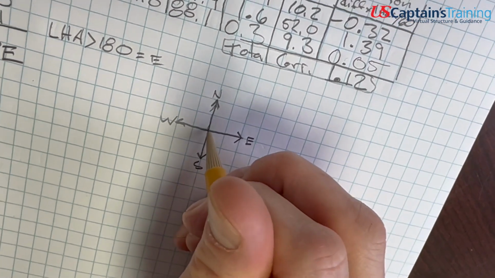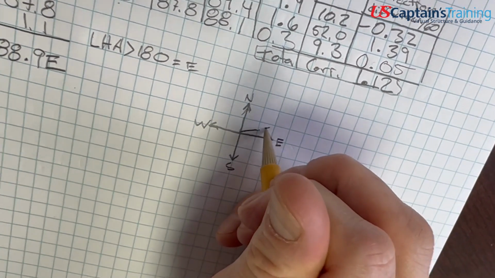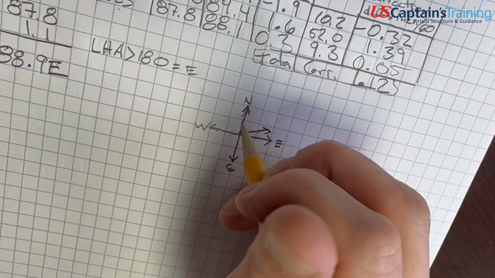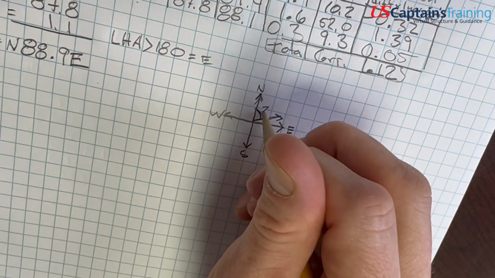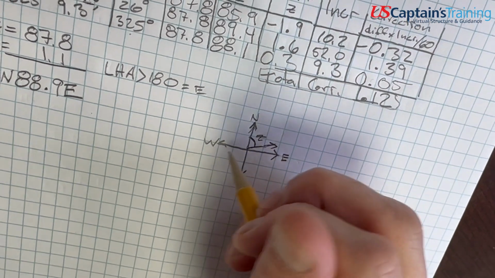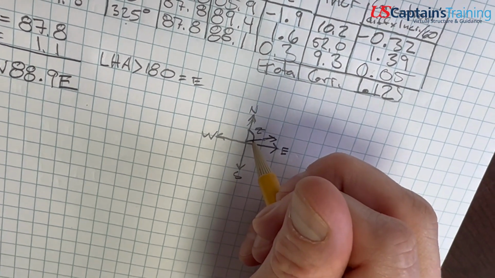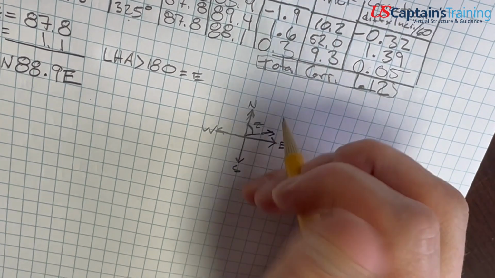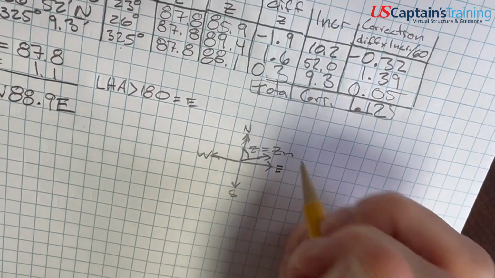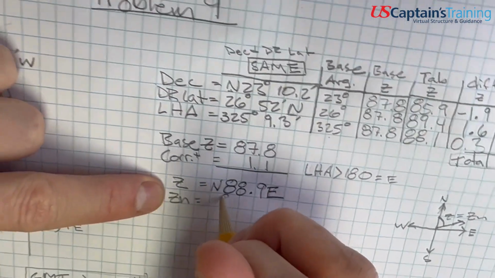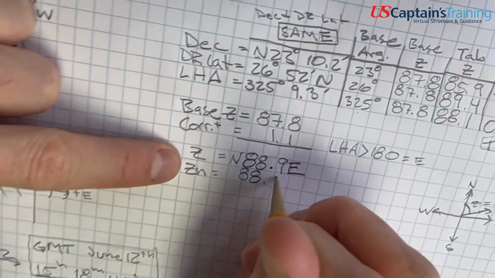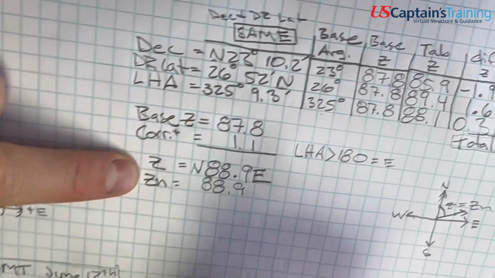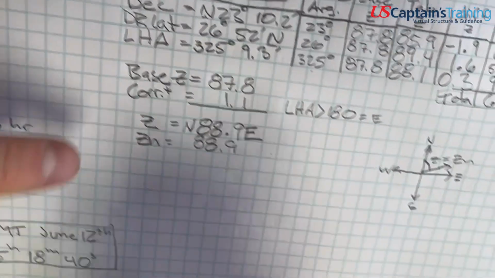It's not past 90, so it's up here. And this is our Z. If you look though, ZN is just Z from north. So it's the same. So Z equals ZN. So our ZN is equal to 88.9. And now we can correct our compass.